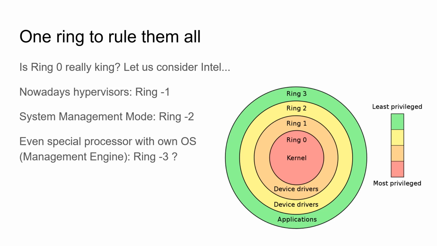And then there is even another mode, another processor within your Intel processors, which runs its own little operating system based on Minix, which is extremely privileged also, and sometimes this is referred to as ring -3. Although you could argue whether this is deserved. Anyway, the ring model is not as clean in these modern processors as in the past, or as you might like.